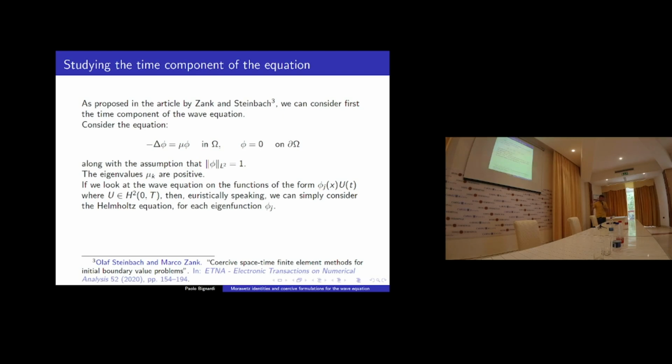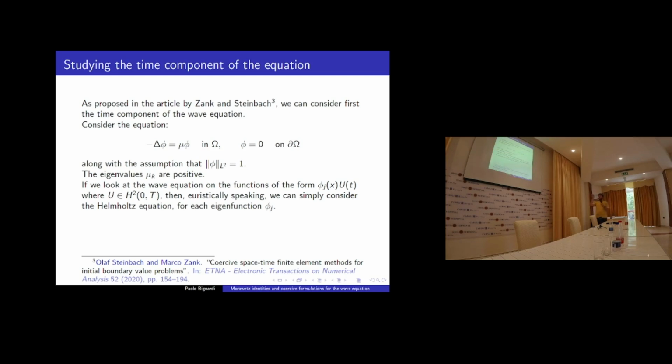I'm going to skip the space part, because we still haven't found the coefficients for the space part of the identity. But on the time component, you can use the argument I was mentioning before.